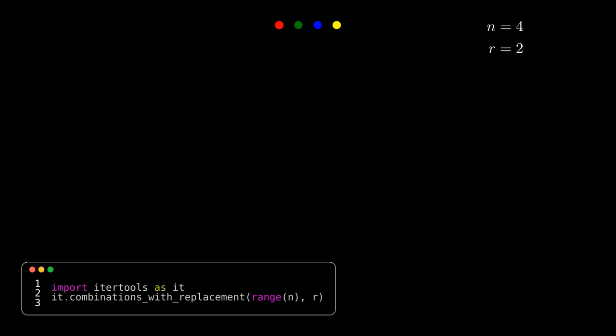Okay, I'm going to reduce the n to 4 because these numbers blow up pretty fast. So we're starting with 4, and we're going to choose 2. With replacement means that you can have duplicates. You can have pairs of the same color. So again, just notice the patterns here.